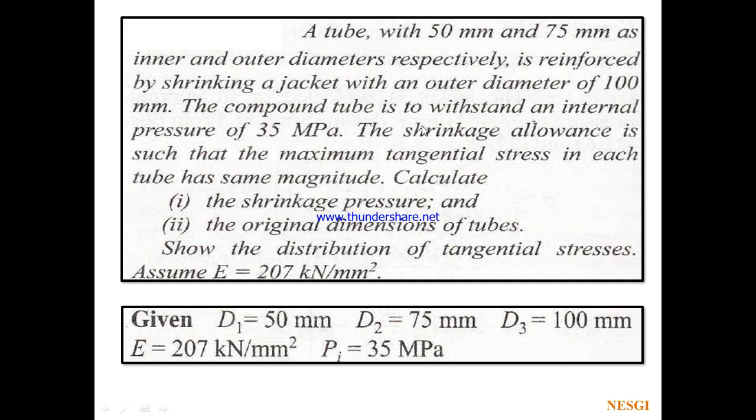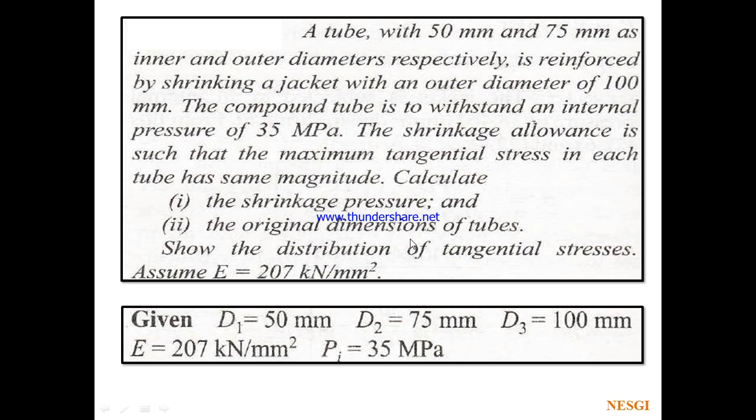The compound tube is to withstand an internal pressure of 35 megapascal. The shrinkage allowance is such that the maximum tangential stress in each tube has the same magnitude. That means the maximum sigma T value in both cylinder and jacket should be equal. This is the condition given.